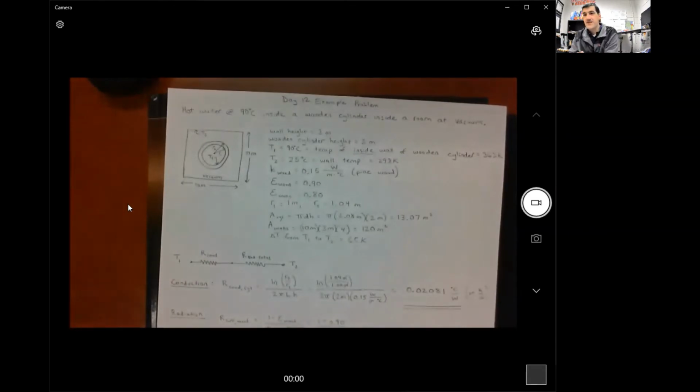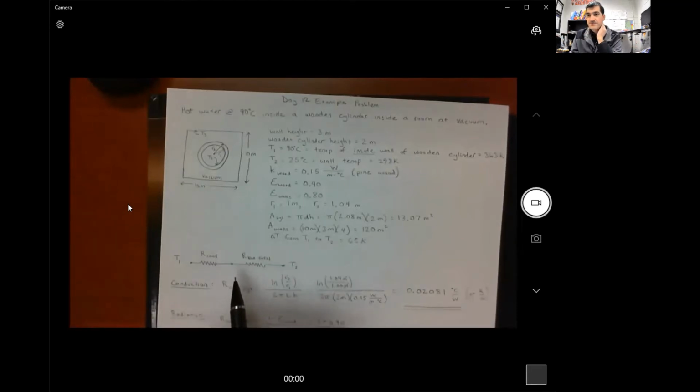But the next step, think about the next step. We take our surface plus space resistance, add those together, and we combine that into R rad total. But what does R rad total include? R rad total includes the temperature of the body that is radiating and the temperature of the body that is receiving the radiation, right? And up till now, that's been no problem. We've known that. But here, that's a problem because we don't know the temperature right here.